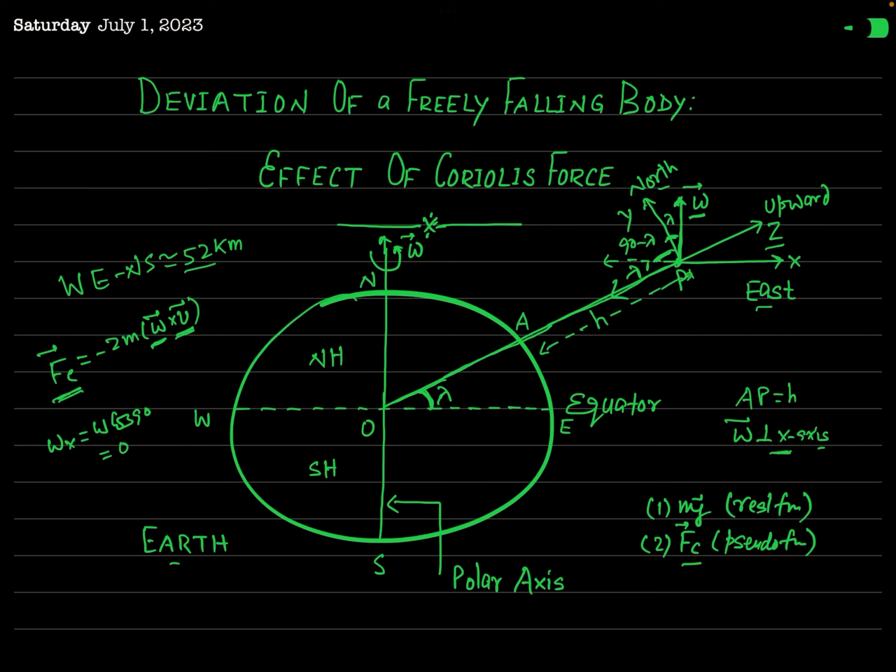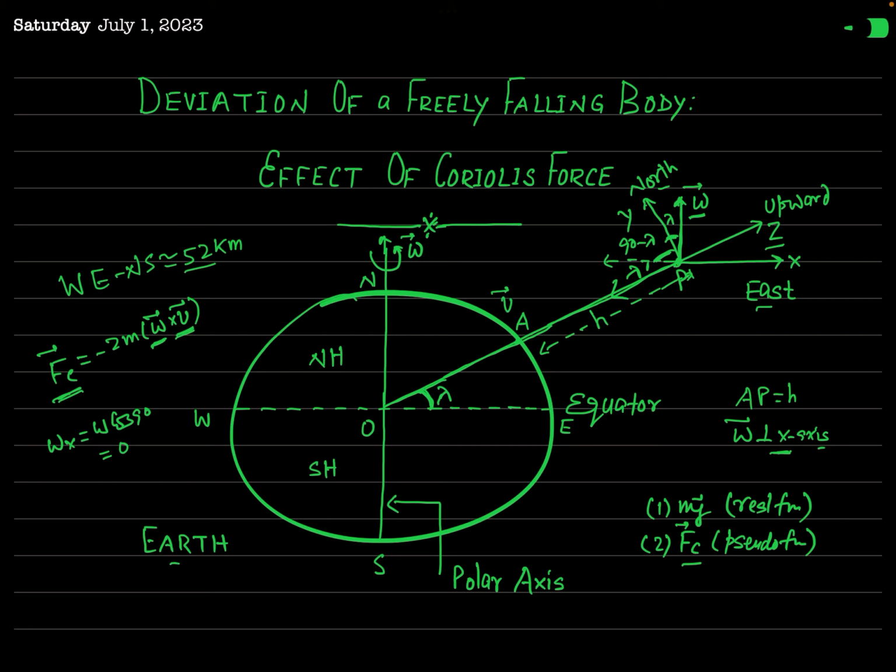Once you drop the particle from point P, the body gets accelerated due to the force of gravity. And let us consider when it is just about to reach the point A, that is on the surface of the earth. Let us say its velocity then becomes v.